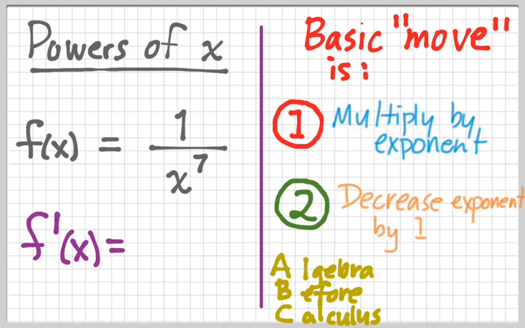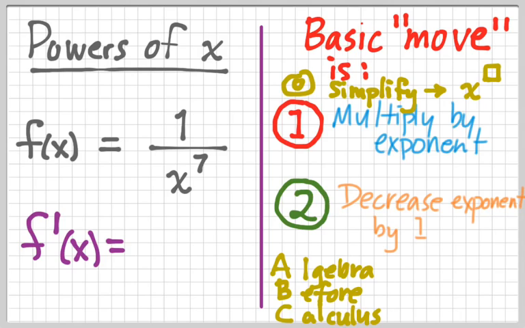So do whatever algebra you have to do to simplify first, before you think about doing any steps that we would consider calculus, such as this basic move to take the derivative. So our first step before the basic move, maybe step 0, is to simplify your expression into a power of x, into x raised to some power.